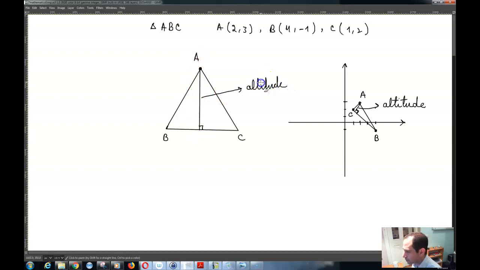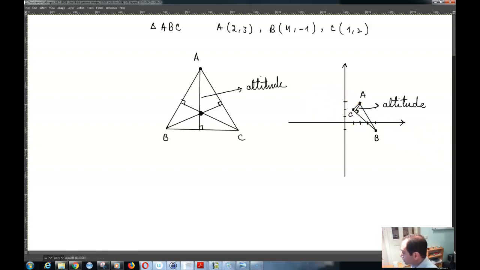So you have one altitude over here, one over here, and one over here. And of course they are supposed to meet at one point, if you do them properly, if they are exactly 90 degrees. Sometimes the point is outside the triangle, sometimes inside the triangle. But that's what an altitude is.